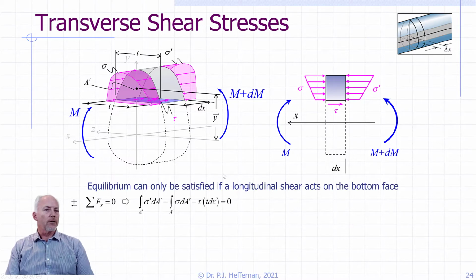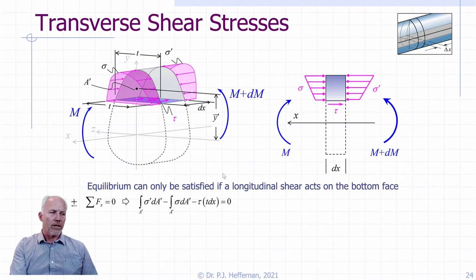So let's use our formula for equilibrium. Sum of the forces in the x direction, set it equal to 0, and let's start looking at what we have. So we have the integral over the area of the section A prime, on the right hand side, of sigma prime times dA prime. And then on the left-hand side, we have the integral over the area of sigma times dA prime.